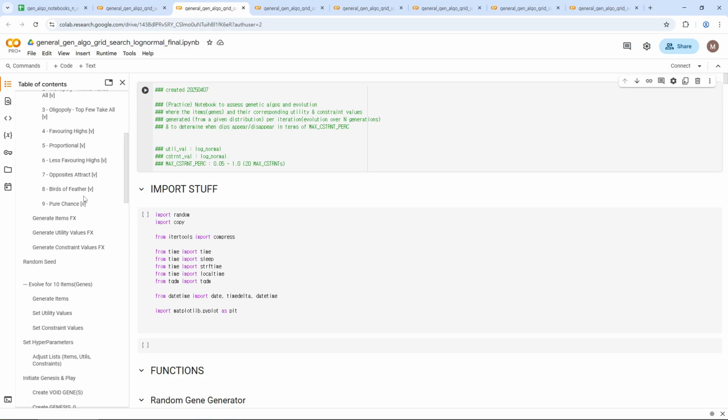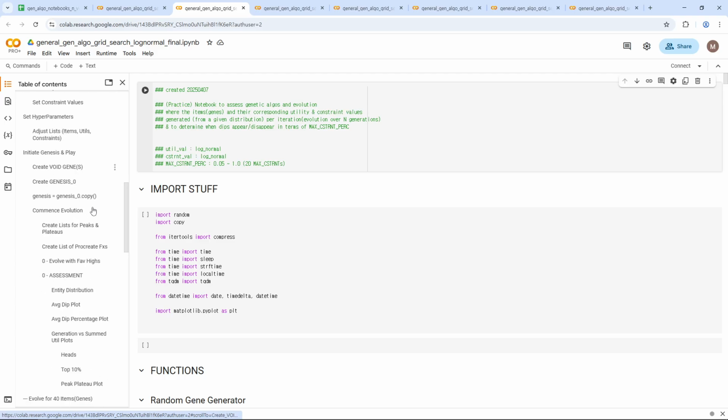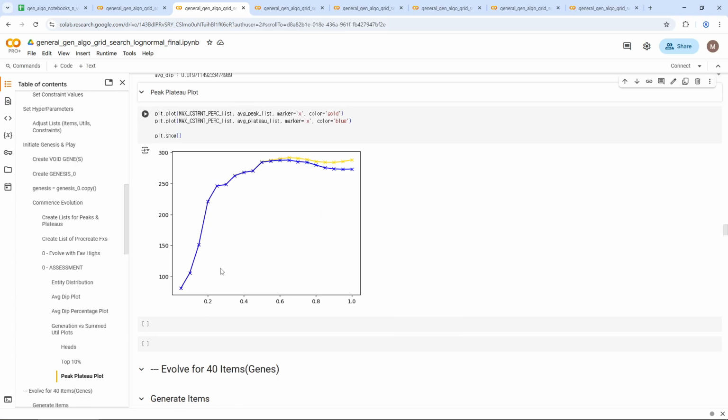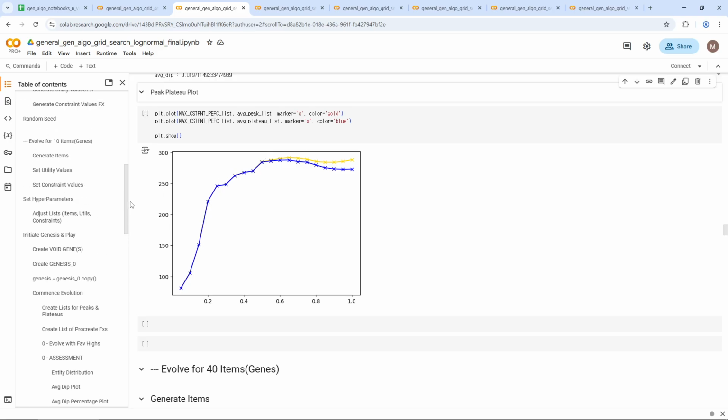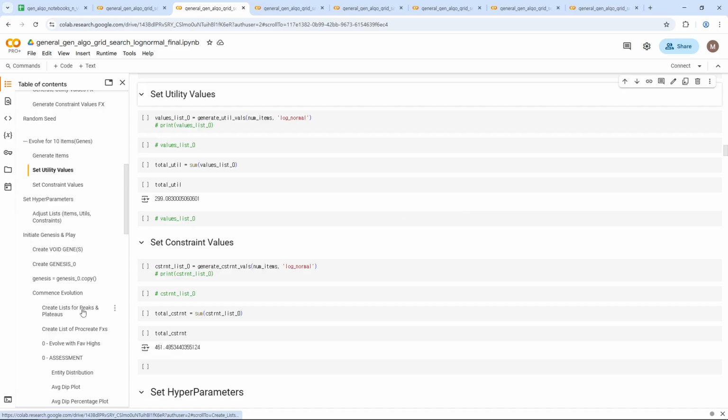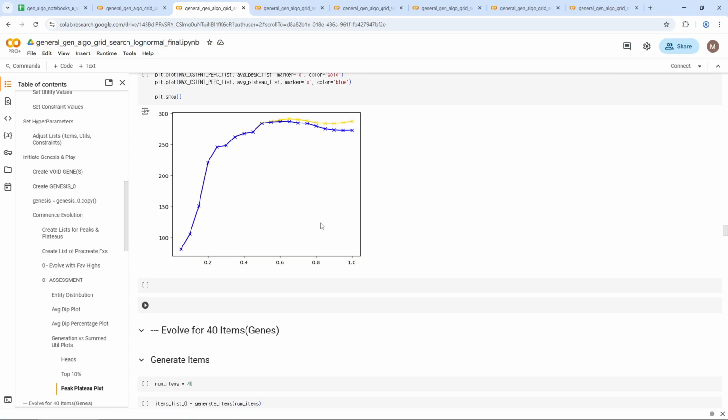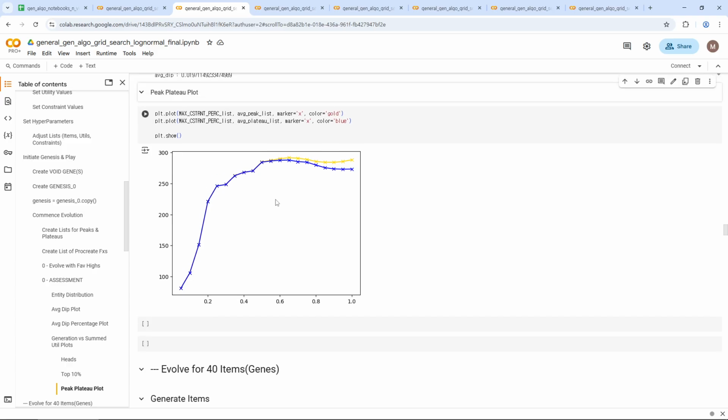Log normal distribution for 10 items. Let's go to the peak plateau plot. This is what it looks like. So this kind of looks unusual in a way, but it could be said that it's quite similar to what we have seen multiple times. Hold on, let me just bring up one of the older versions.